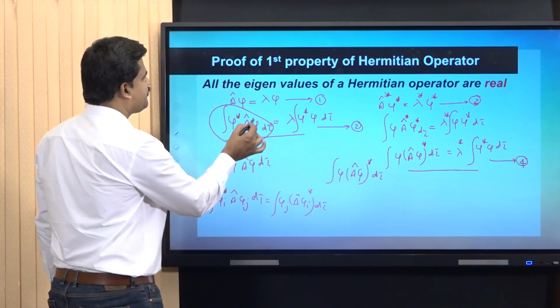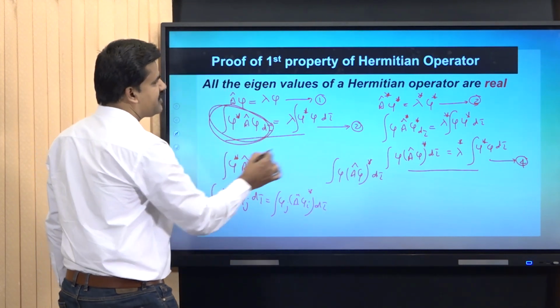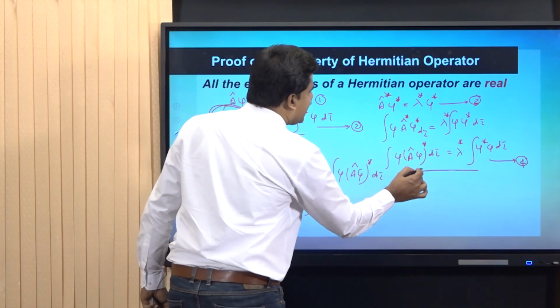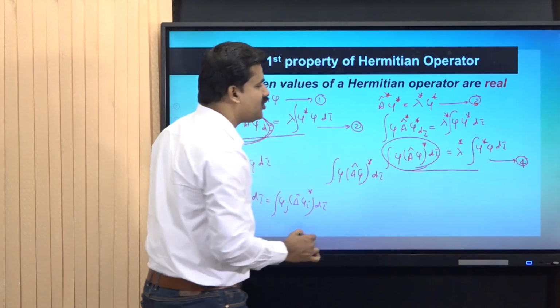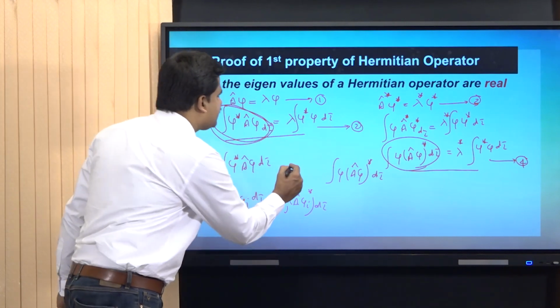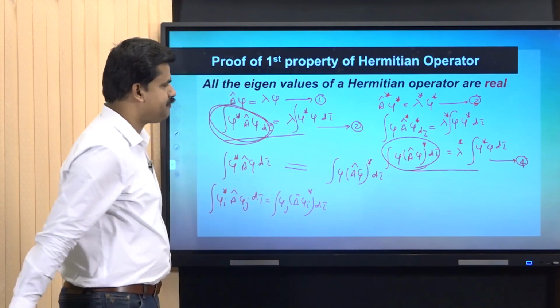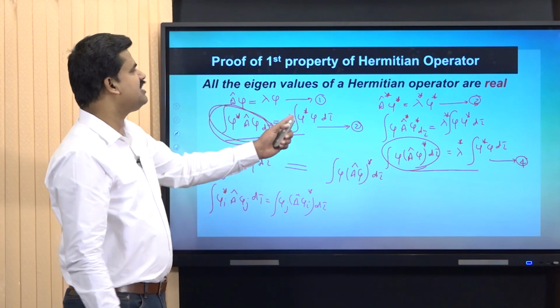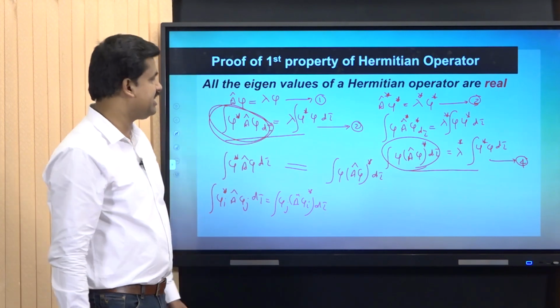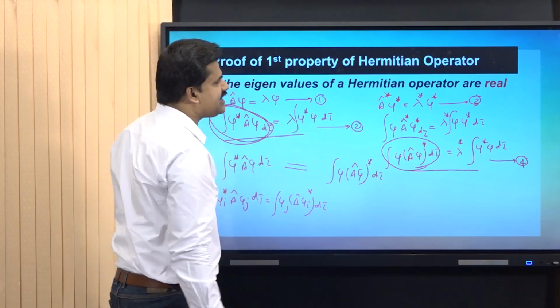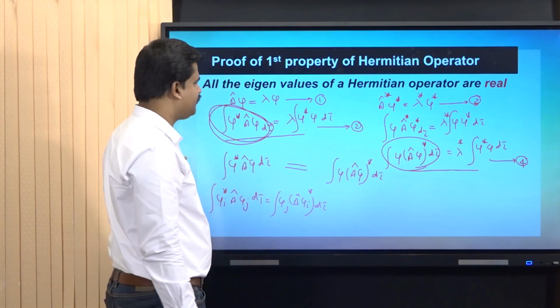That implies the LHS of equation 2 and the LHS of equation 4 are the same. These two terms are the same, which means we can equate the right hand sides. Now take the right hand side of equations 2 and 4.